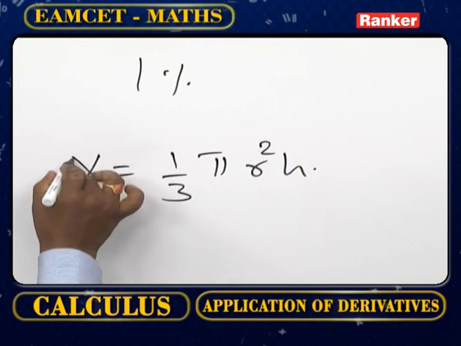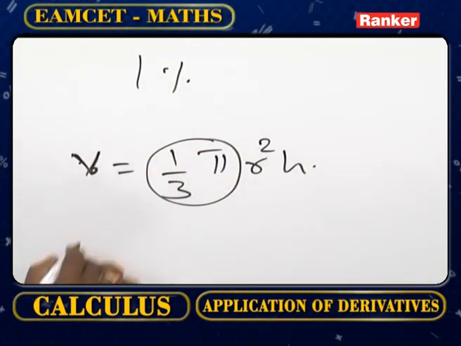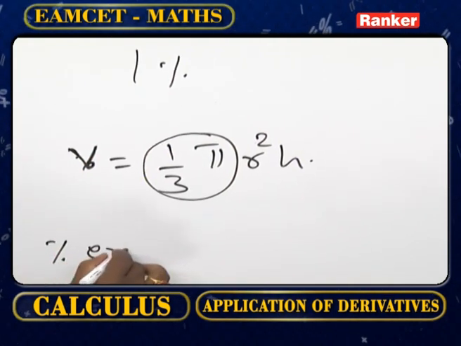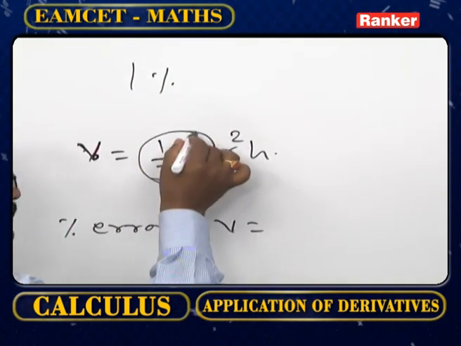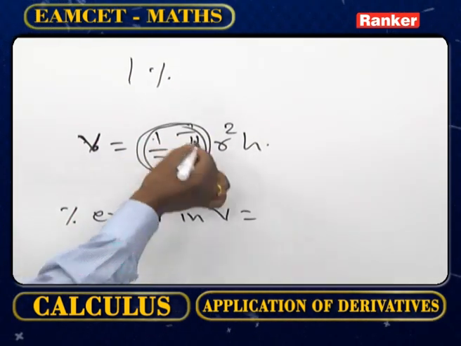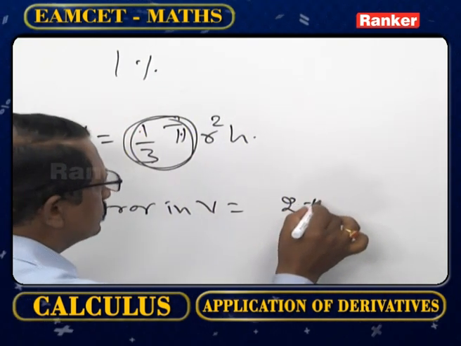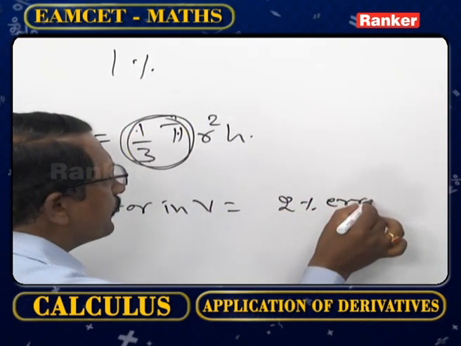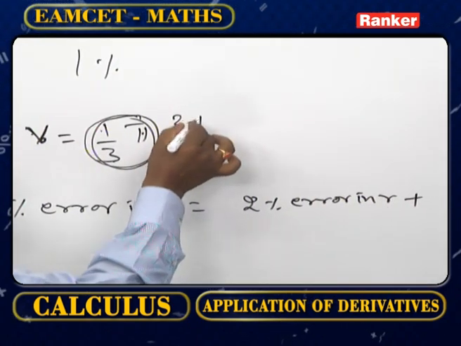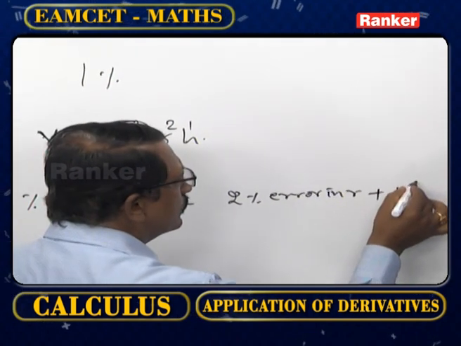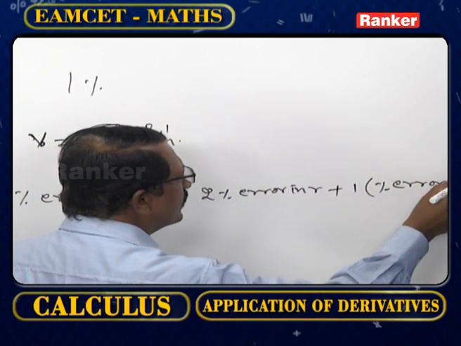Required percentage error in V equals, here 1 by 3 pi is constant, then only 2 into percentage error in R plus the exponent of h, which is 1, into percentage error in h.